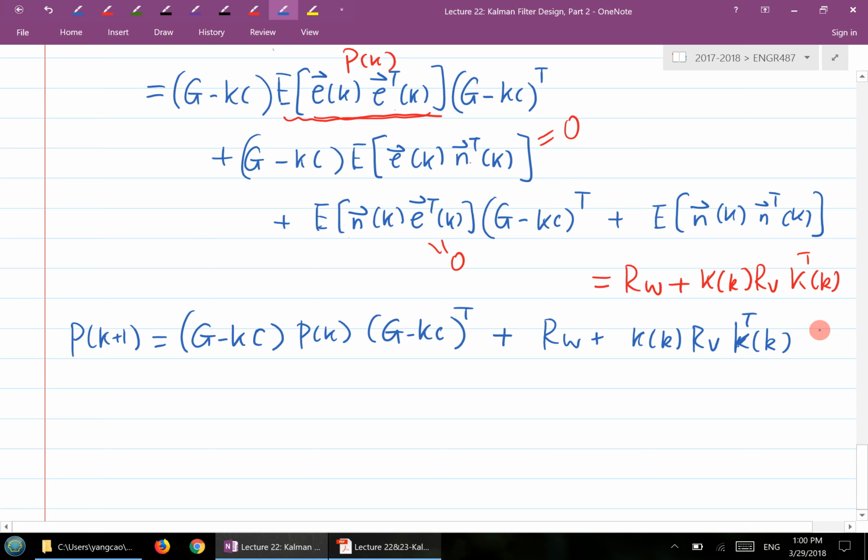So instead of having the expected value symbol, now it's a difference equation. It's a difference equation now.